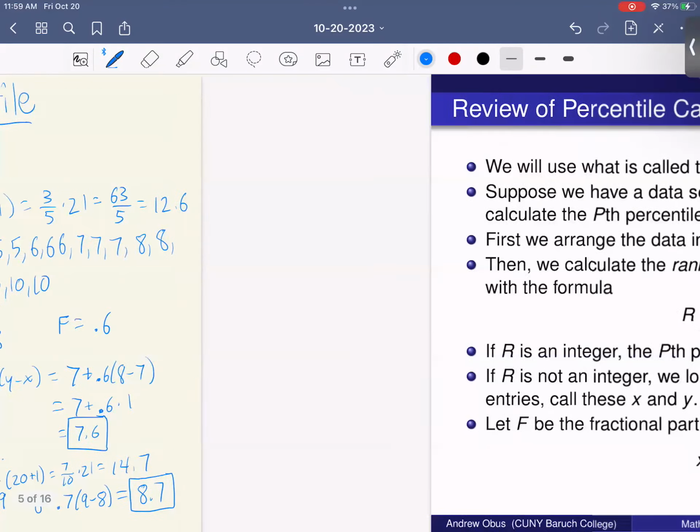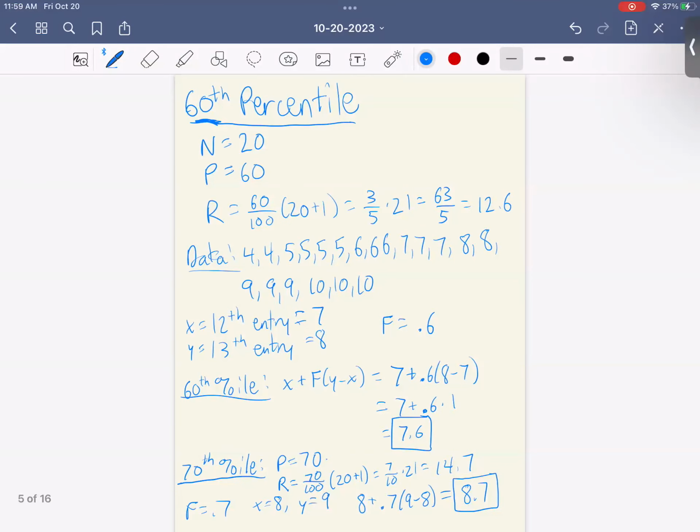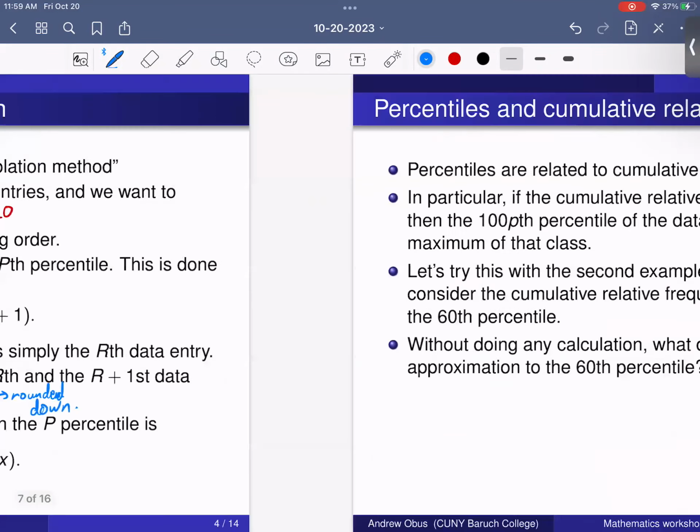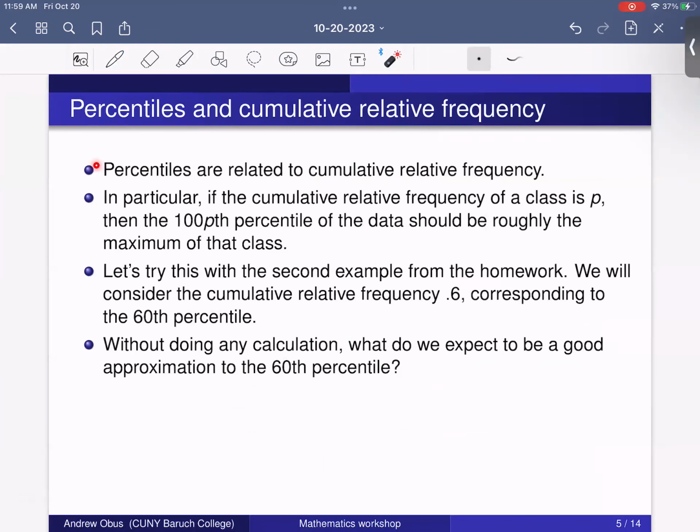Okay, so if there's no questions on this example, if it's clear, then I want to make one comment that I made last time, that percentiles and cumulative relative frequency are very related to each other.